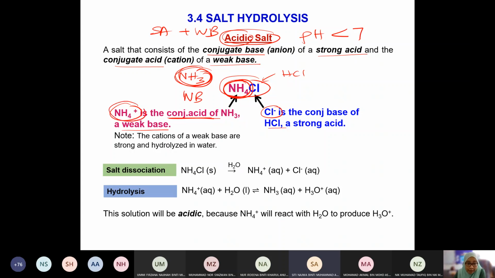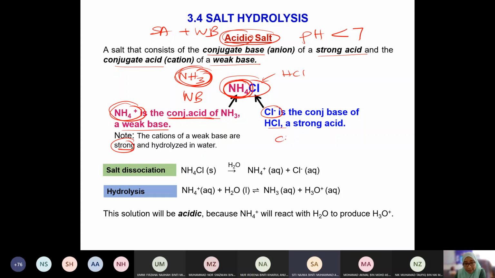But how about the conjugate acid of this weak base? It is stronger. Okay, it is stronger. The cation of a weak base is strong and it will be hydrolyzed in water. Okay, it will be hydrolyzed in water.